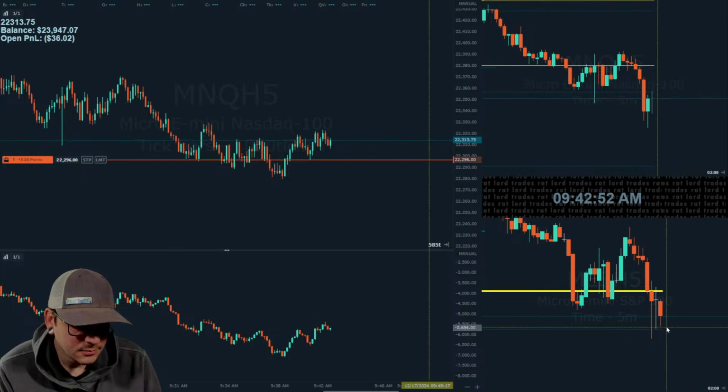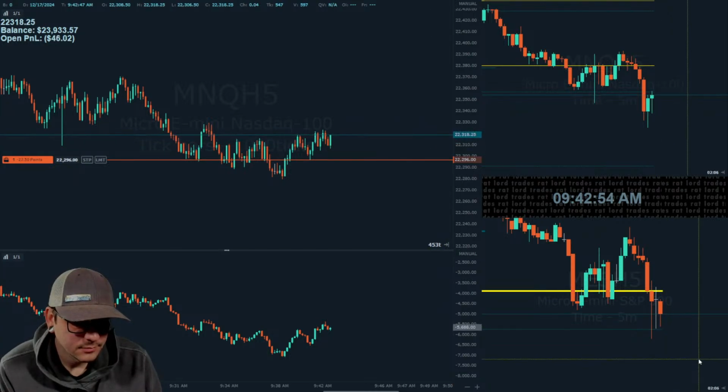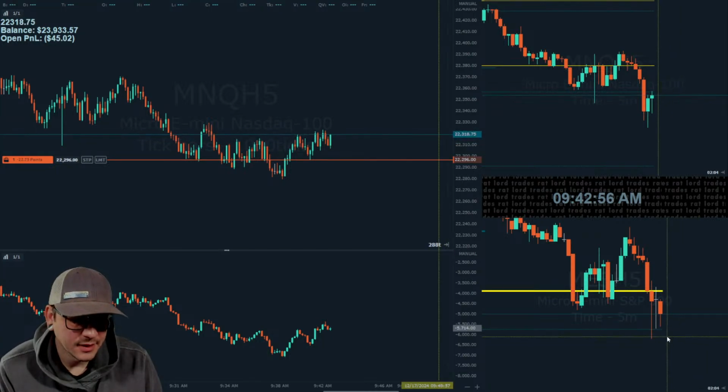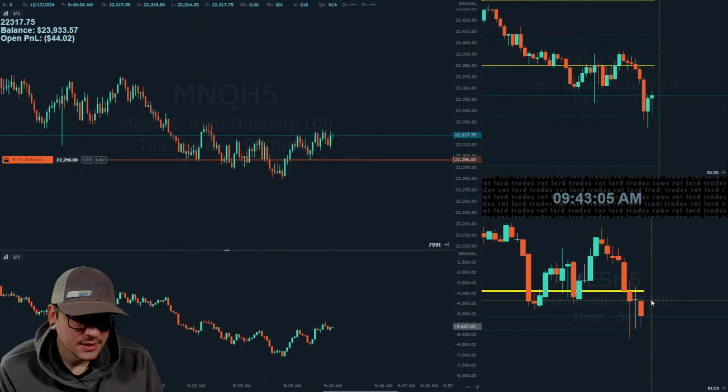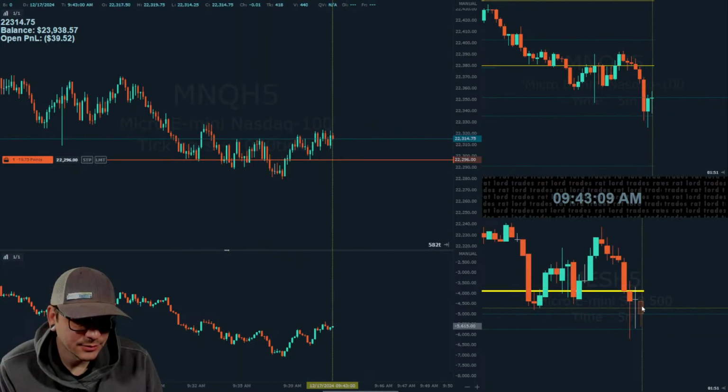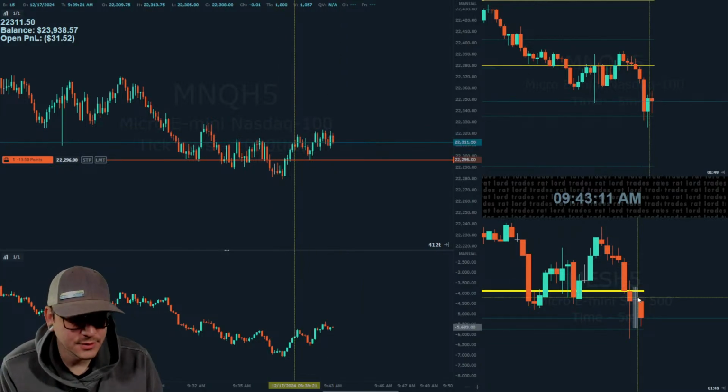Yes, maybe heading down. I mean, it's not making a decision until it breaks out of that. This candle on ES was within the highs and lows of the previous candle, and this one, as of right now, is within that candle's highs and lows.